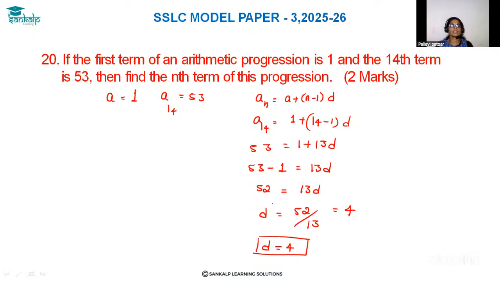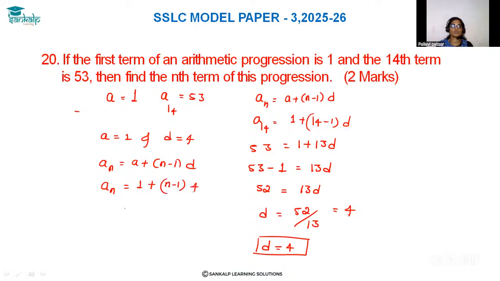So now find the nth term. Here substitute a equal to 1 and d equal to 4 into the general formula. So here an is equal to a plus (n minus 1) into d. So here an is equal to 1 plus (n minus 1) into 4.